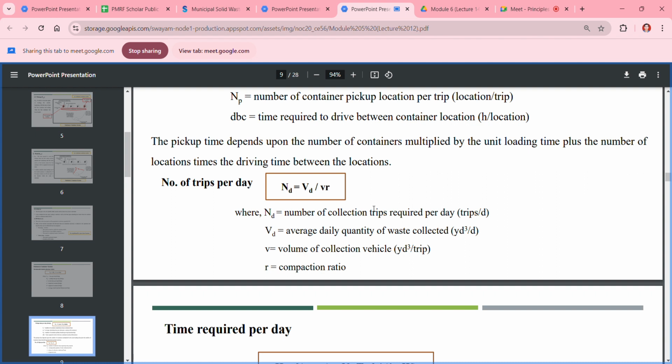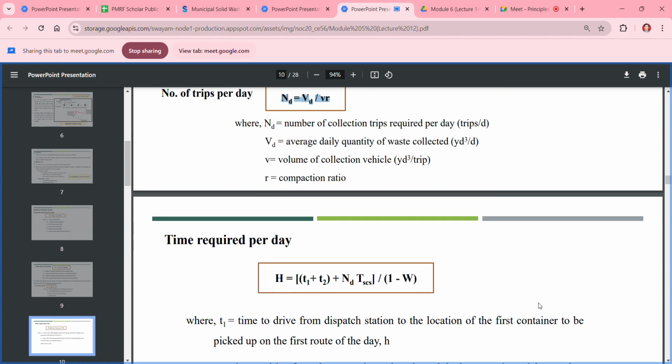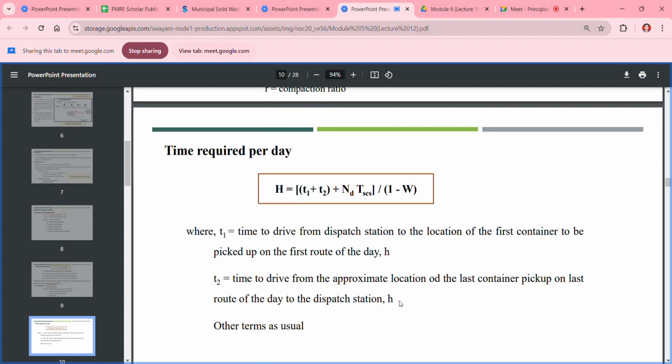Like if we are taking 1 meter cube from one point, then to fill 6 meter cube you can go to 12 collection points, because you have a 50% compaction ratio. So you can easily calculate the number of trips per day, how many trips you are going to require to collect the waste.